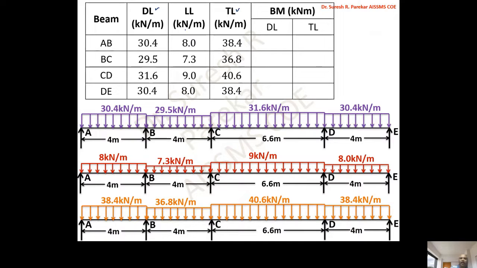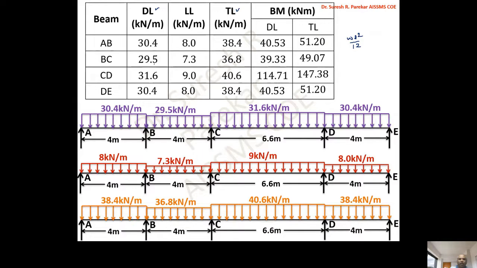Now we have to find out bending moment due to dead load. We have to find bending moment due to total load. So WL square, fixed end moment, because this value again we are going to calculate by using WL square by 12. So W 30.4, effective span we have 4.